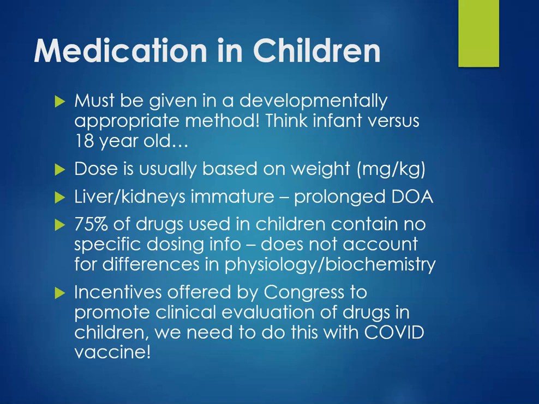One thing to remember about children is their liver and kidneys are immature, and that prolongs the duration of action, right? Remember, liver is metabolism, kidneys are excretion. If they're immature and not quite working at their capacity yet, then drugs are going to stay in a little bit longer. The other thing is that babies, like older people, don't have as tight of a blood-brain barrier. It's not well developed yet.